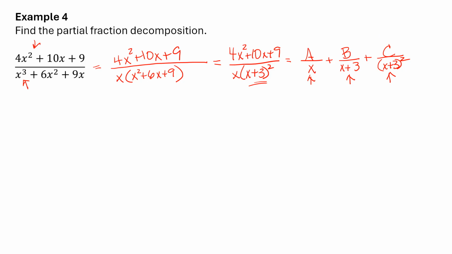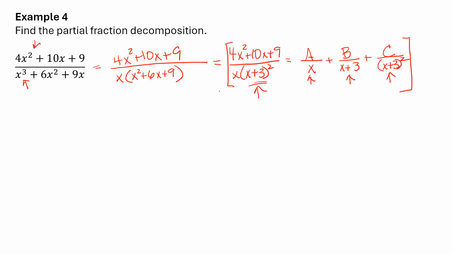All right, now what I'm going to do, instead of getting a common denominator on the right side and adding all those numerators together, is something that is actually easier. It's the same thing, but it's just easier. I'm going to multiply the whole equation through by the common denominator, x times (x plus 3) quantity squared, to get rid of all the fractions.